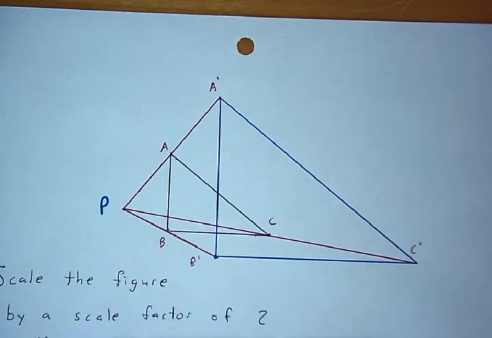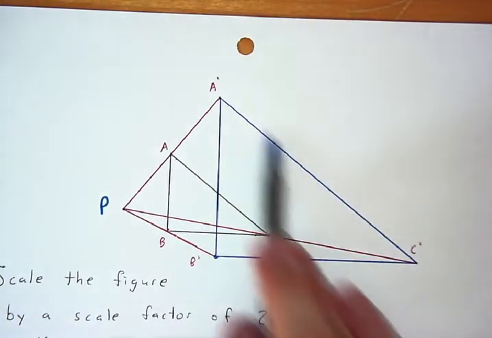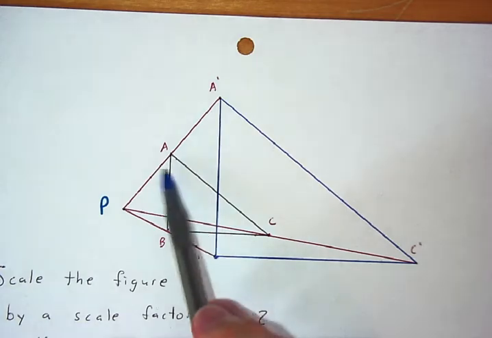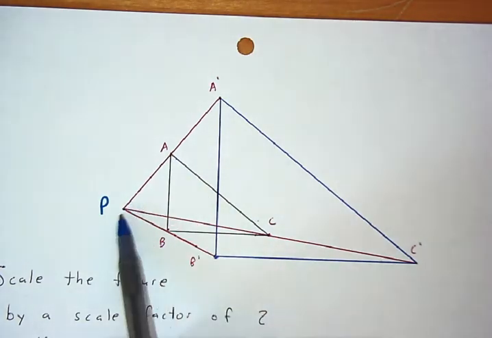Okay, so there we go. The blue triangle A prime, B prime, C prime is 2 times as big as triangle ABC relative to this point P. Okay, so this is how you just do it on a nice blank sheet of paper, scaling a figure when there's a center of dilation.